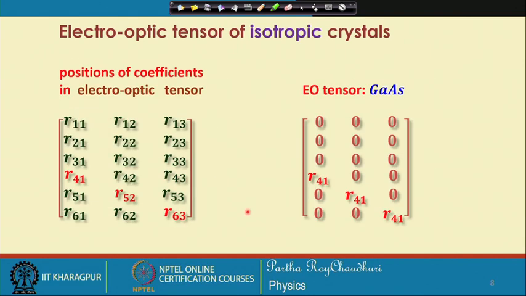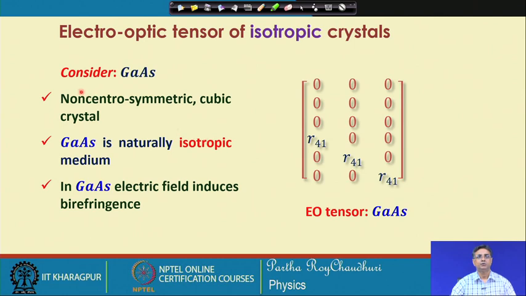So, we have this tensor which reduces to this form: R41, R41 and R41. Rest all other elements are 0. So, we need this tensor in terms of the values to evaluate the induced birefringence, the new refractive indices in the principal axis system, and we will use that for gallium arsenide, which is a non-centrosymmetric cubic crystal.